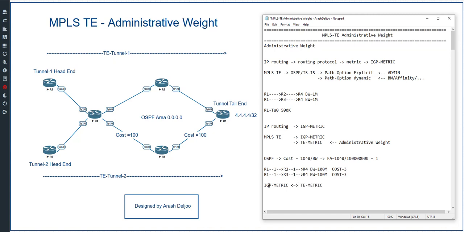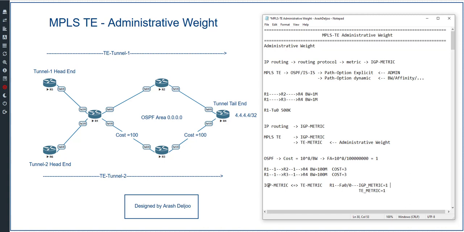This means that for one interface, for example on Router 1, when FastEthernet 0/0 has an IGP metric of 1, we have another metric for this interface, the TE metric. By default, the TE metric equals the IGP metric. Because of that, TE metric and IGP metric are by default equal, and we can change both of them.